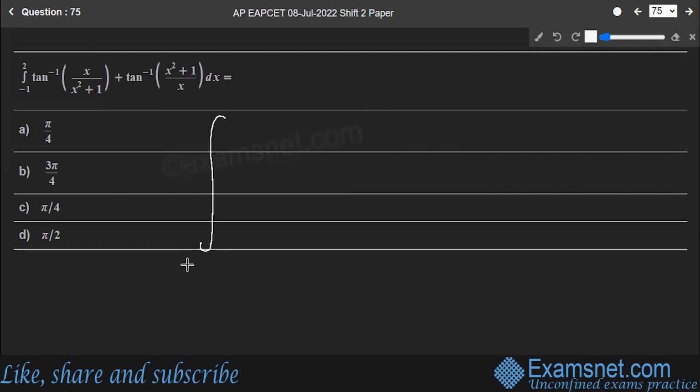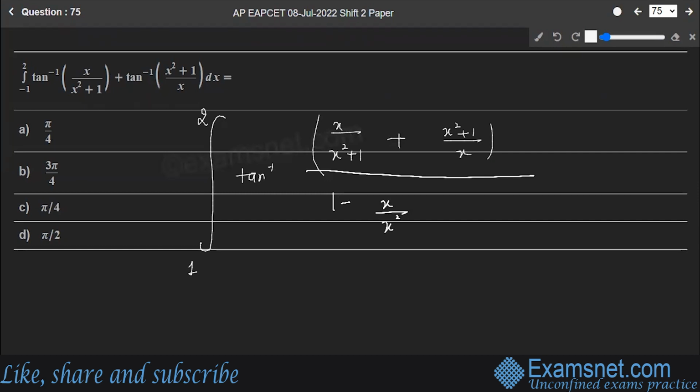So this is the integral from 1 to 2 of tan inverse of x upon x square plus 1 plus x square plus 1 upon x, whole divided by 1 minus x upon x square plus 1 into x square plus 1 upon x, into dx, right? So this is tan inverse of (A plus B) written like this.